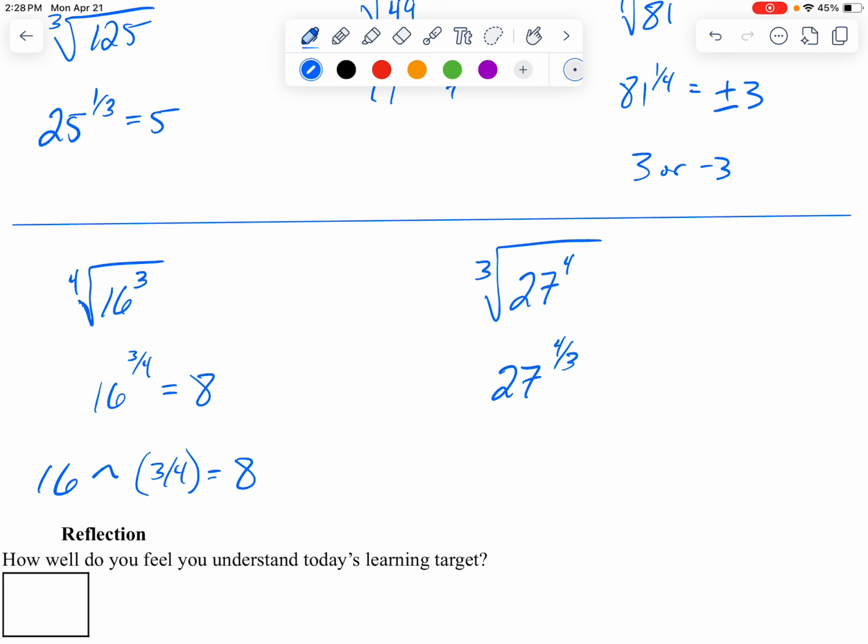Sorry, that is 81. Oh, that makes sense. It has to be bigger because it has a higher power than root. I was thinking 3/4 for some reason. Okay, so again, in your calculator, this is going to be 27 to the 4/3 power, and that will give you 81.